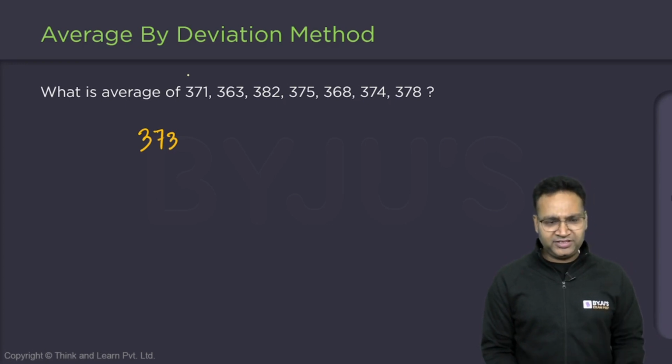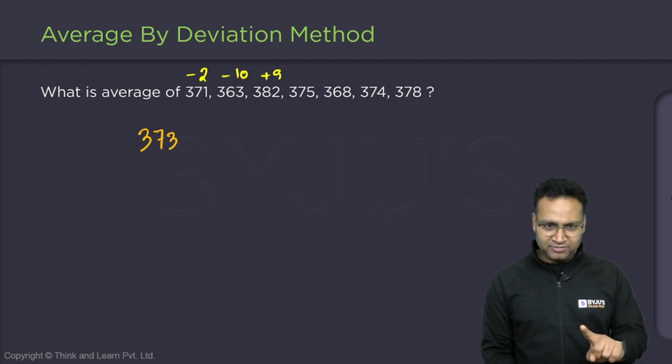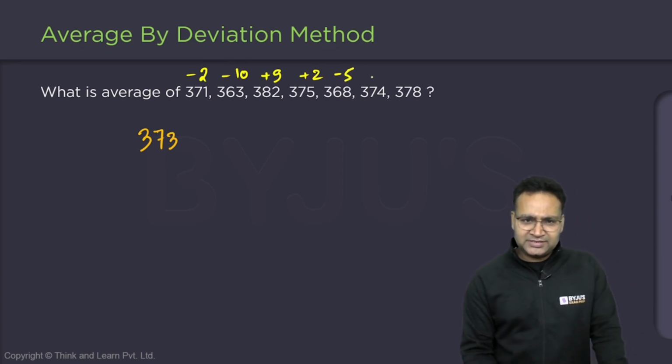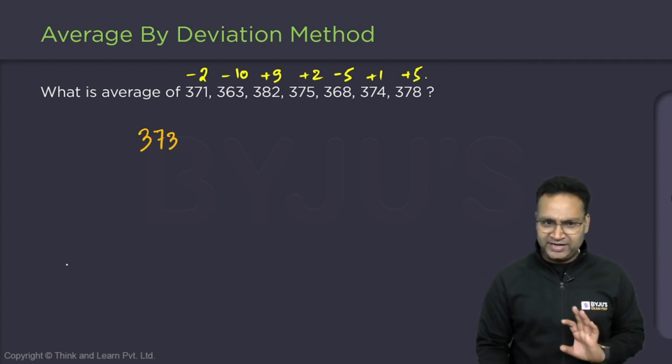So with 373, this is minus 2, this is minus 10, this is plus 9, this is plus 2, this is minus 2 and 3, minus 5, this is plus 1, and this is plus 5. So I have converted all numbers into plus and minus cases.